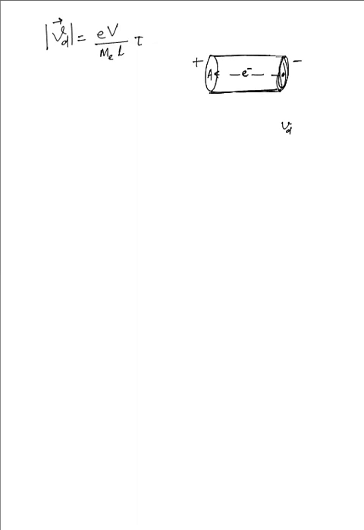The drift speed is equal to the length of the conductor divided by the time taken. If the length is equal to the drift speed, then the time must be equal to 1 second.